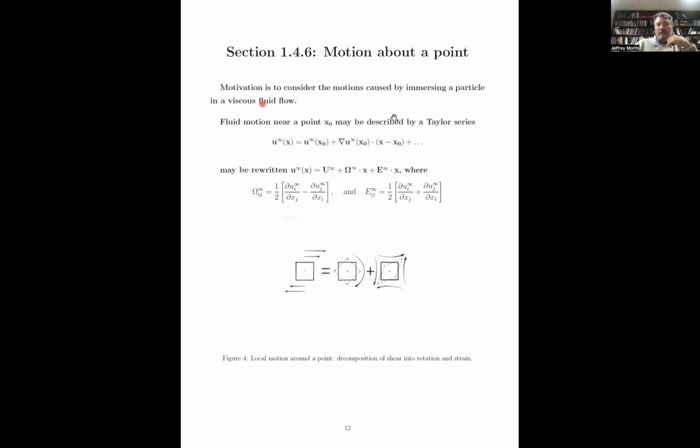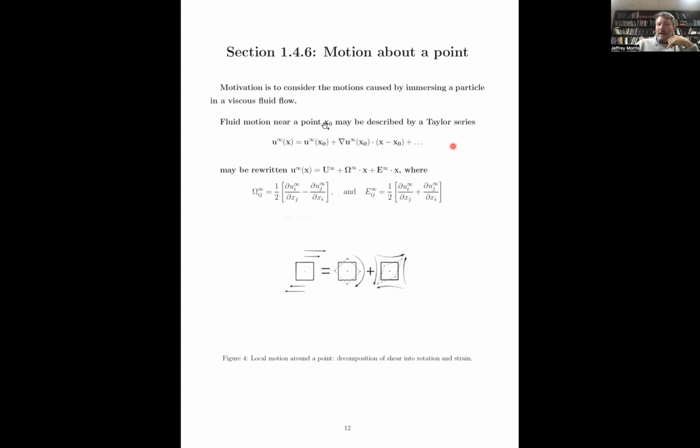All right, so the fluid motion at a point, there are many discussions of this in different books about how to think about this. I actually like Batchelor's description, it is very nice for this. Just to say that the velocity field at a position x is equal to the value at a position x naught plus the gradient of the velocity at that position times x minus x naught, and then higher order terms.